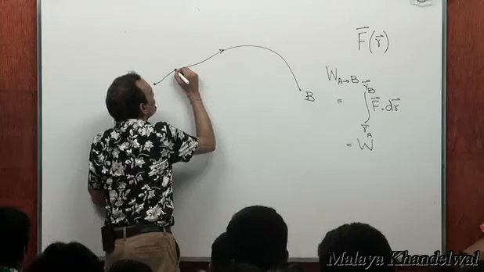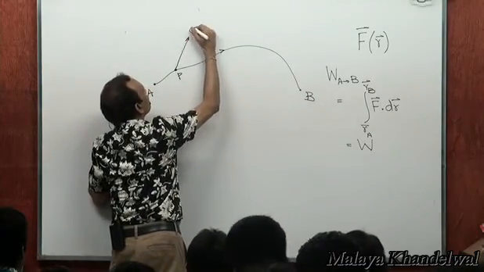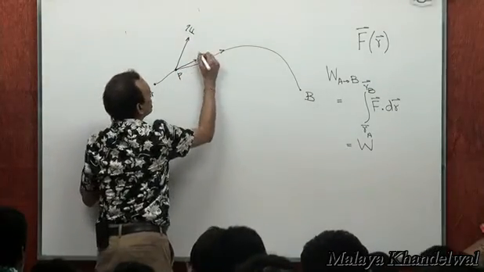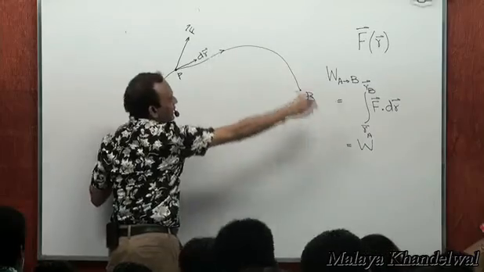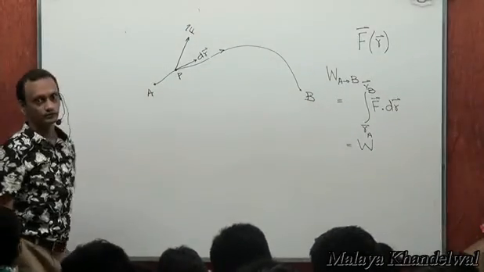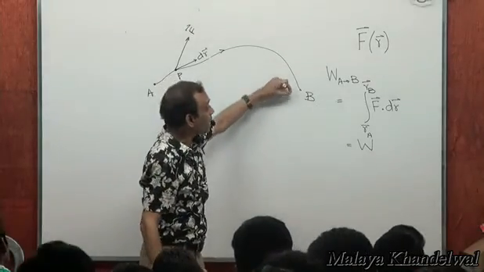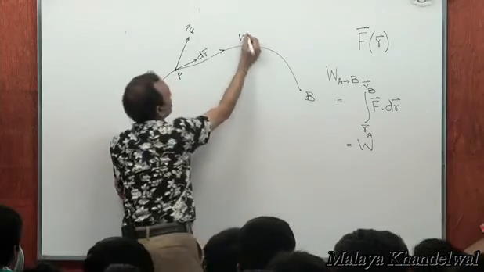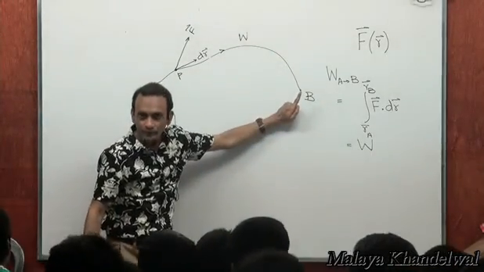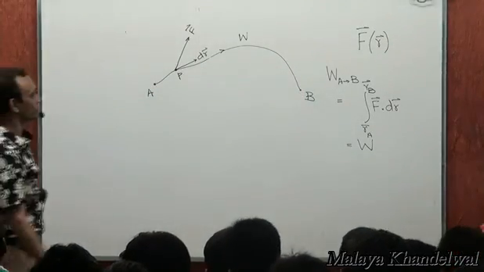Which is like, if there was a certain point P, if F was like this, then in going from A to B, I do a F dot dr, and I calculate this work done, right? When I go from A to B along this trajectory. So W units of work was done in transporting the particle from A to B under the influence of the field. W joules of work was done.